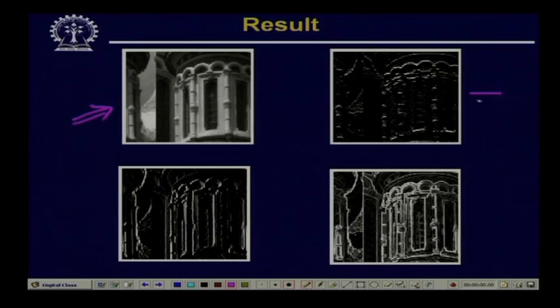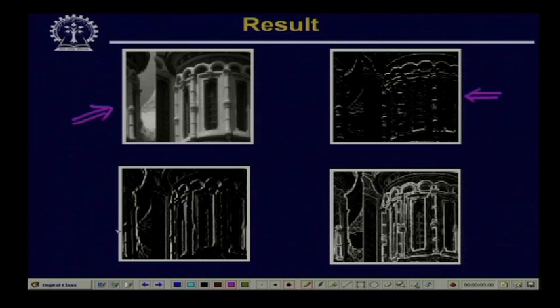On the top right is the edge information obtained using the Sobel operator, where the edge components are the horizontal components. The third image is again obtained using the Sobel operator, but here the edge components are the vertical edge components.